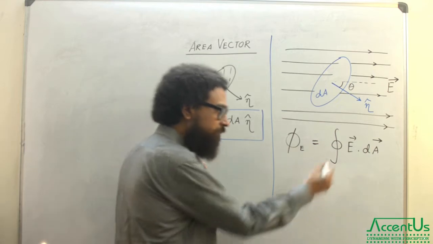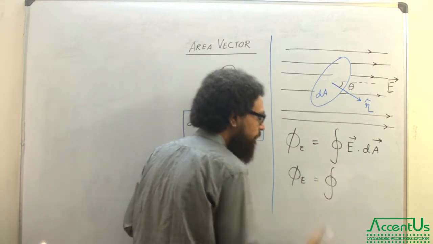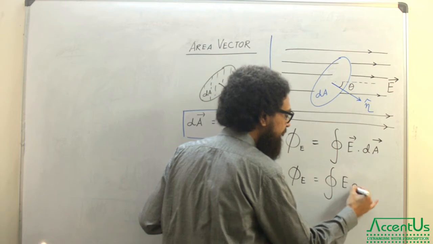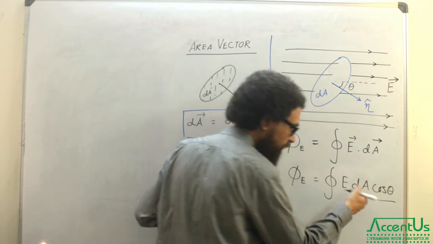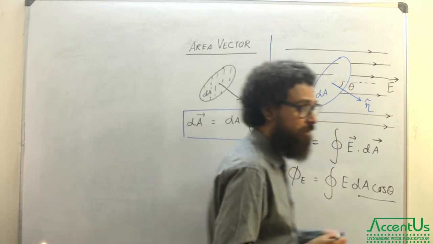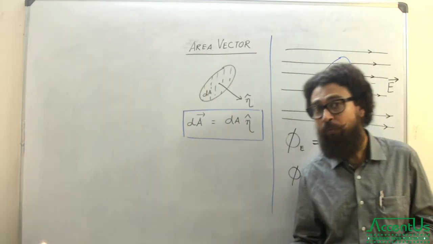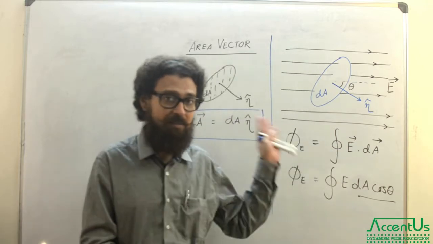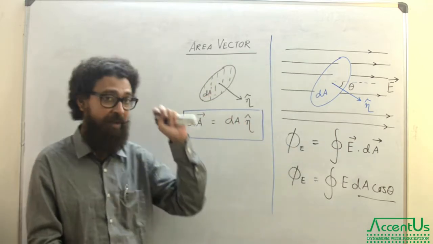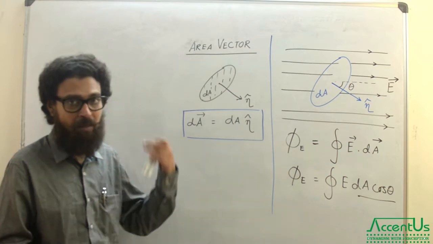Alright, so this is the thing, or in a broader term we can write E dA cos theta. This part is very important because you have already understood how we can define solid angle, and here is the projection of unit vector for area vector, and now it is the expression E dA cos theta.